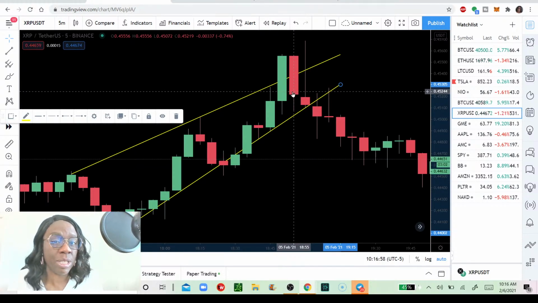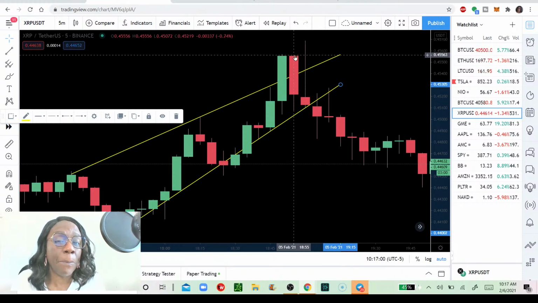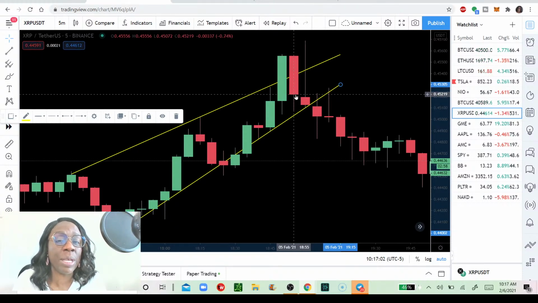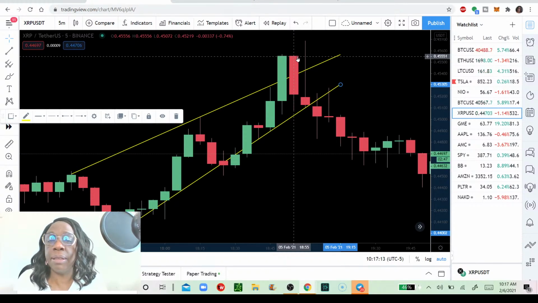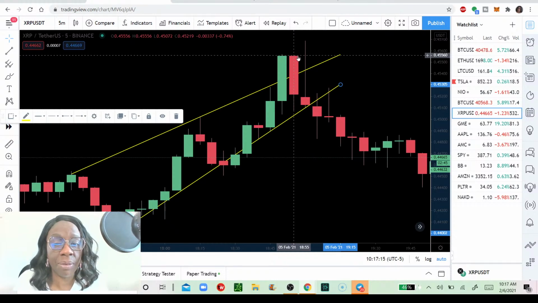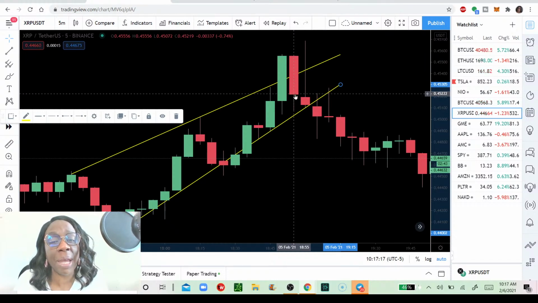But then again, it's riskier because you've got this big candlestick showing you there's a lot of selling pressure. So at this top point here, there are a lot of sellers here and they just sold, and this pushed the price back down again.